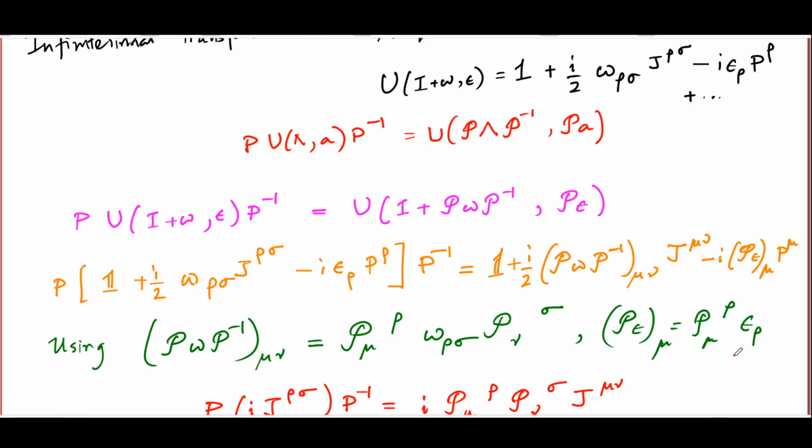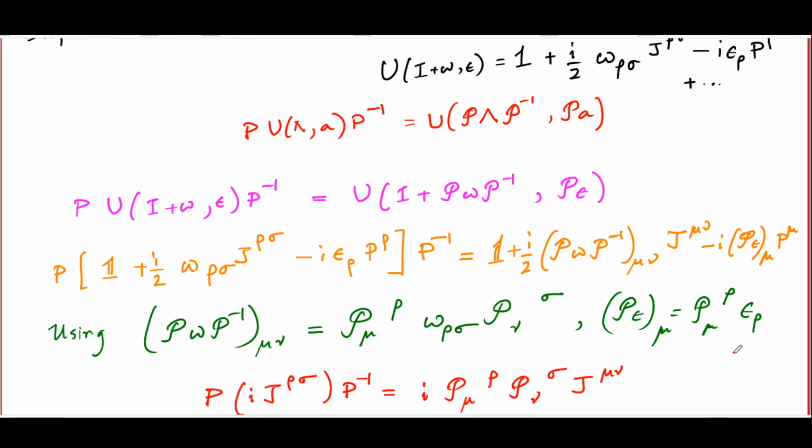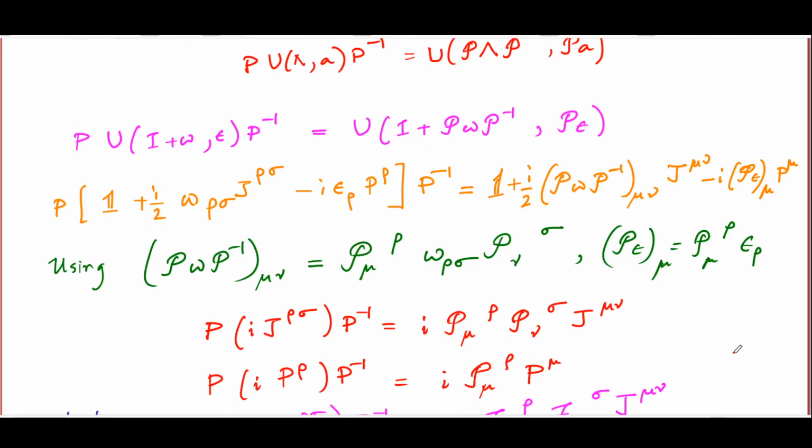And a similar but simpler expression is there for 𝒫 times ε's μth element. We just use that, plug it into the expression, and it takes a very little amount of work to compare both sides, where you have to be careful about antisymmetrizing first, which in this case, thankfully, is taken care of already, at least as far as the ω_ρσ coefficients are concerned. And you end up with the following two relations.